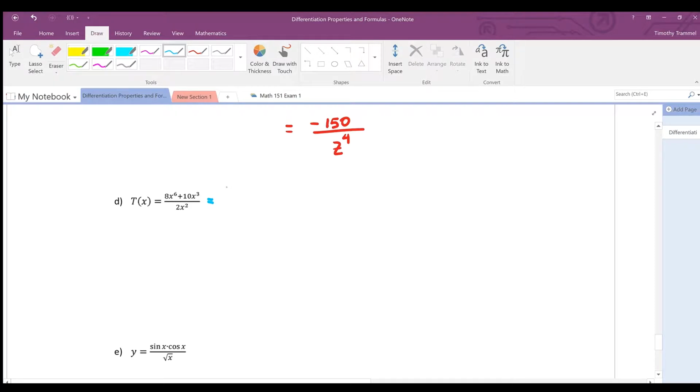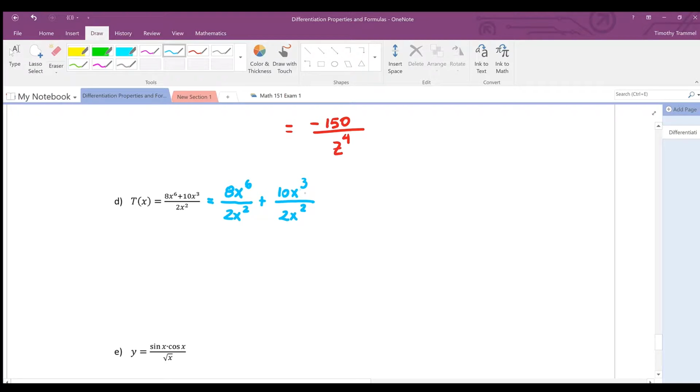You might also think about, well, what happens if I split this fraction into 2? So we have 8x to the 6 all over 2x squared plus 10x cubed over 2x squared.